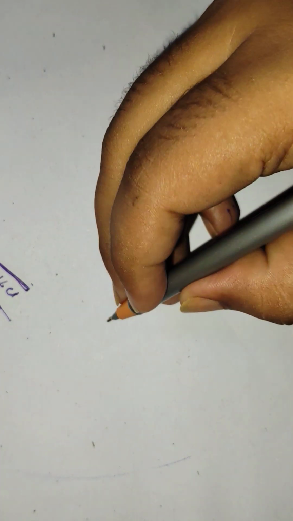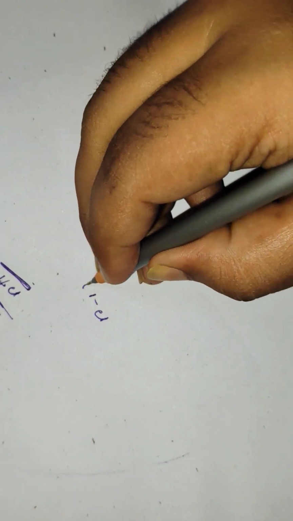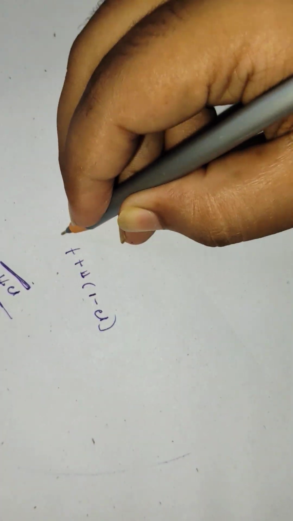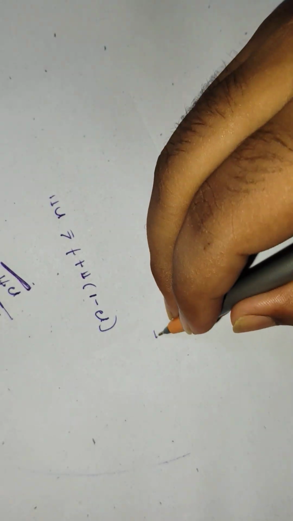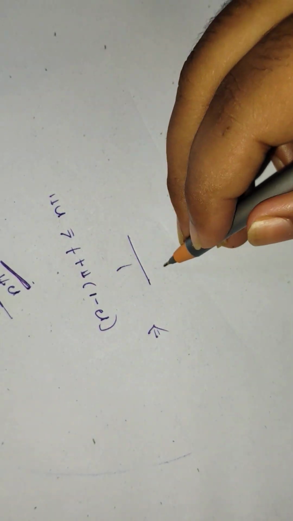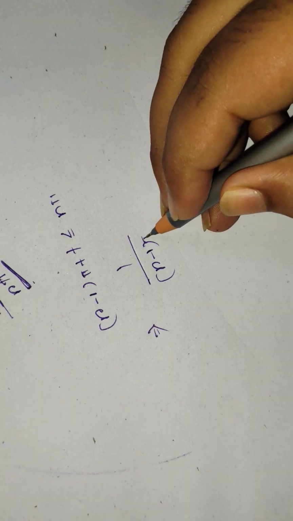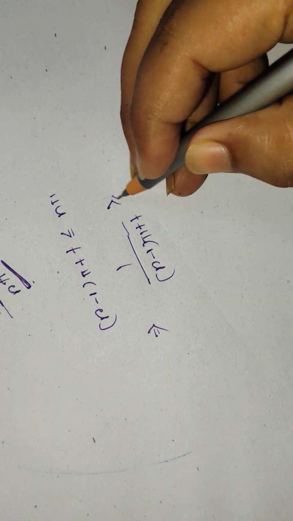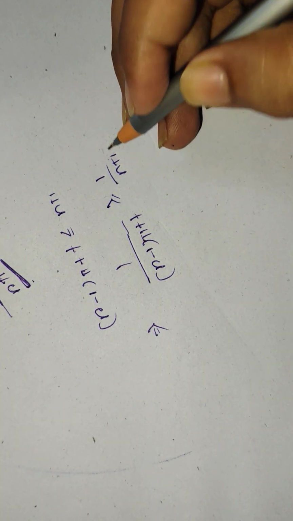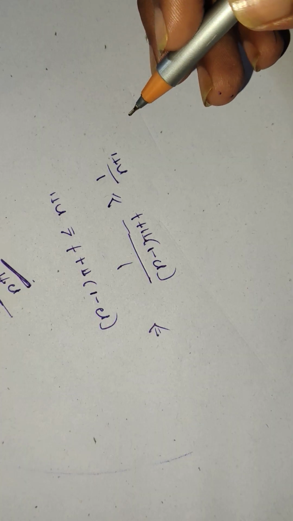So using this inequality, we can say (r minus 1) pi plus t is less than or equal to r pi, right? Now 1 divided by ((r minus 1) pi plus t) is greater than or equal to 1 divided by r pi. Why? What is the reason?